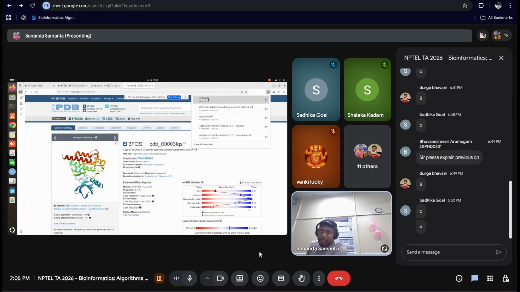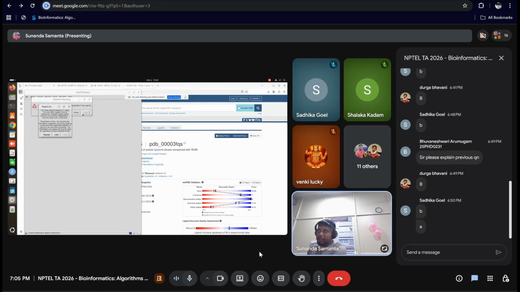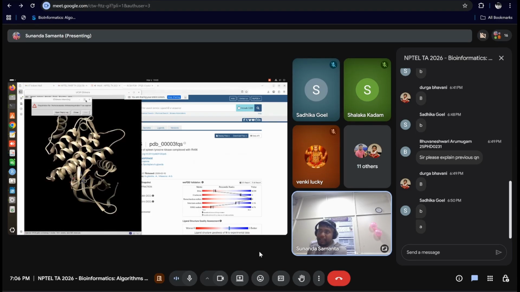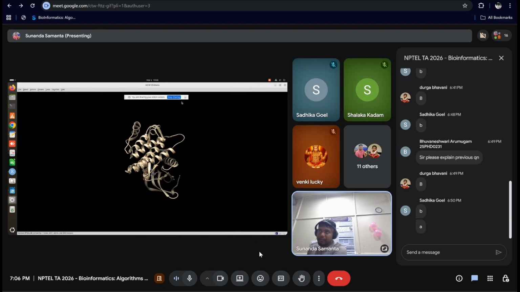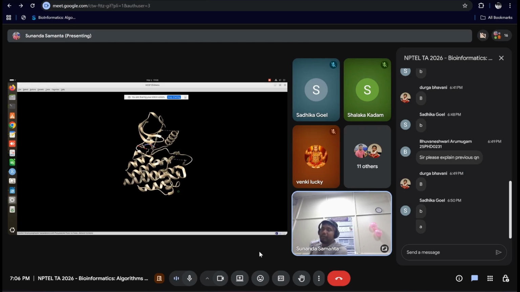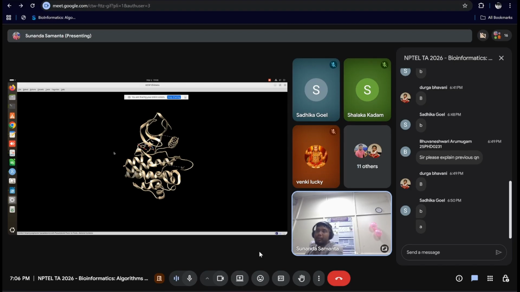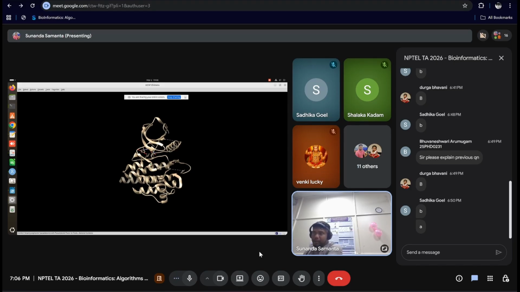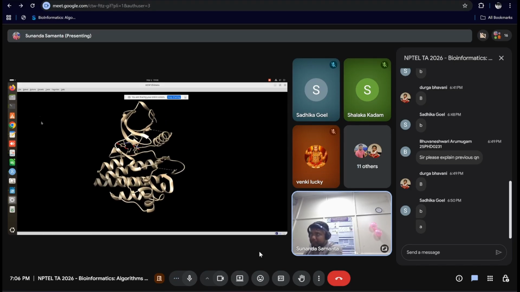For example, in this case, my default software on this system is UCSF Chimera. UCSF Chimera is a 3D visualization tool as well as an analysis tool. As Professor Pumiha has mentioned about other tools, for example PyMol, this is a very similar thing.